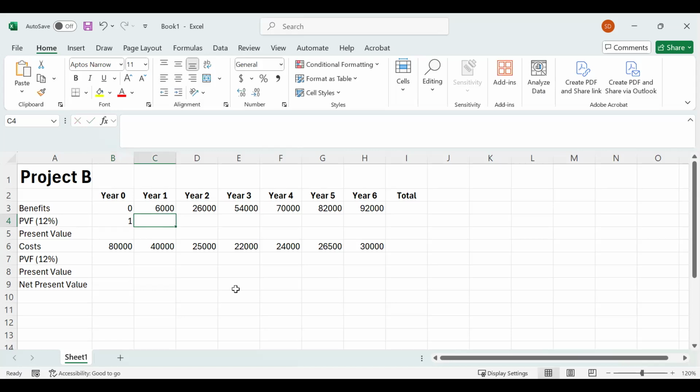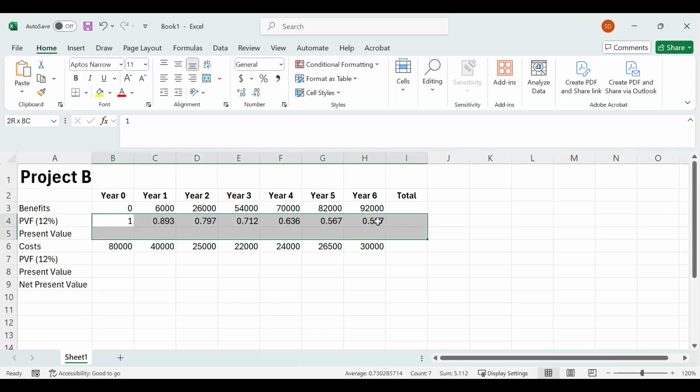Yes, we have 0.893, 0.797, 0.712, 0.636. Actually, you can use an Excel formula for this. You don't have to type by hand like this, but I will put it in like this since we are taking it from the table.